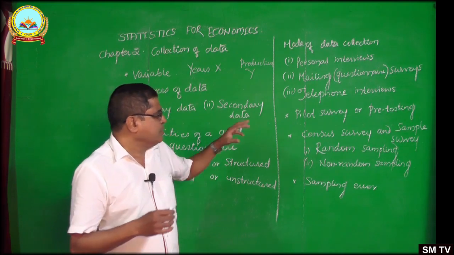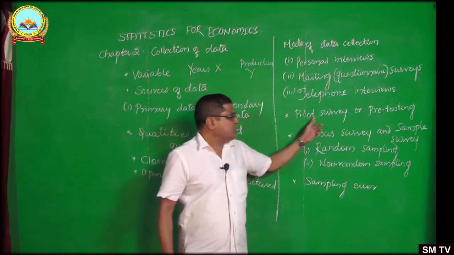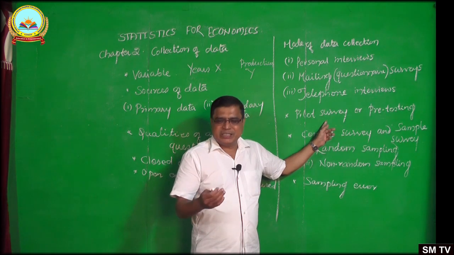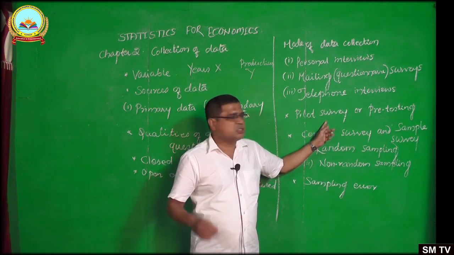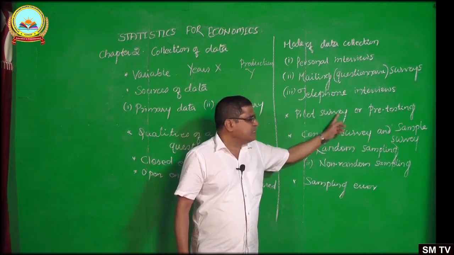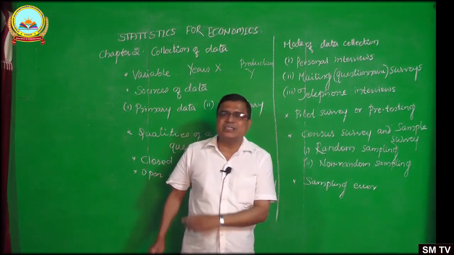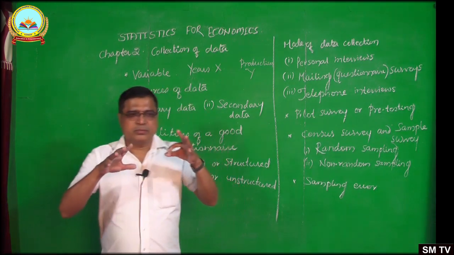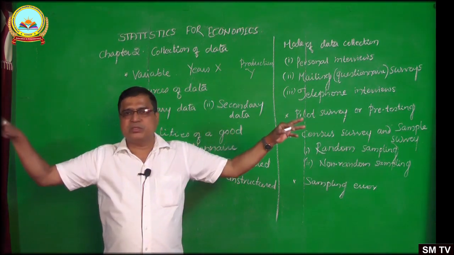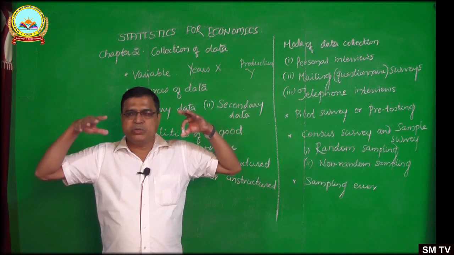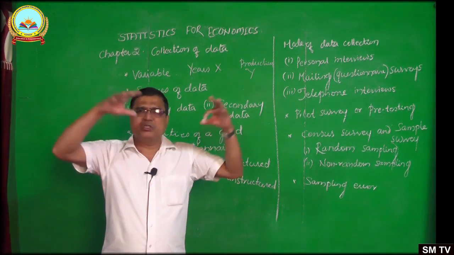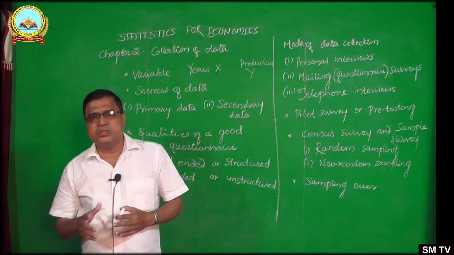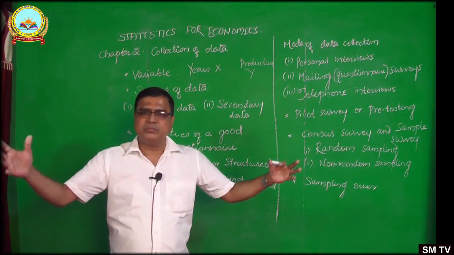Now one small concept has been narrated in the textbook, that is pilot survey or pretesting. What do you mean by this? You see, there is a large population. So your survey consists of a large number of units or individuals.